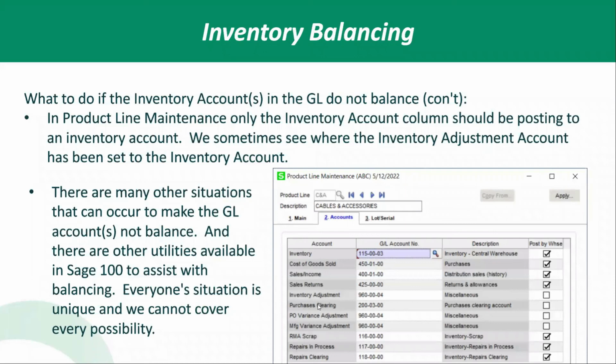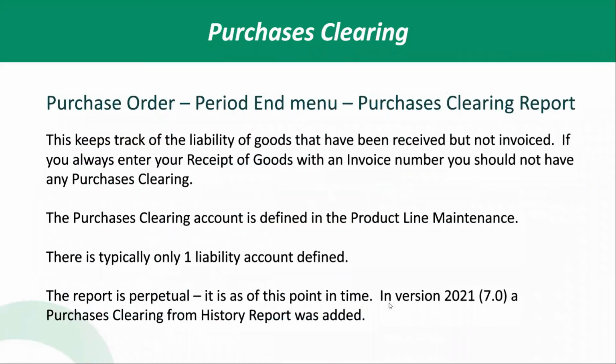All right, so the purchase clearing account is defined in product line maintenance. So I'm going back a slide. So that's my purchase clearing here. And going back, typically there's only one account set up for that. It's not a different one for each product line. And this purchase clearing report we're talking about is perpetual.